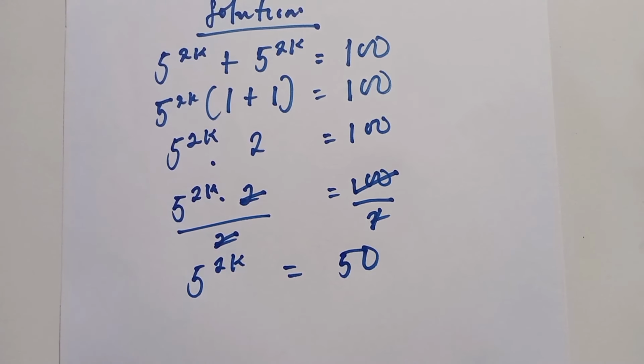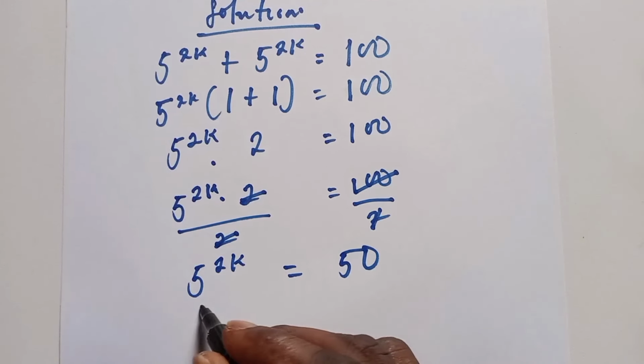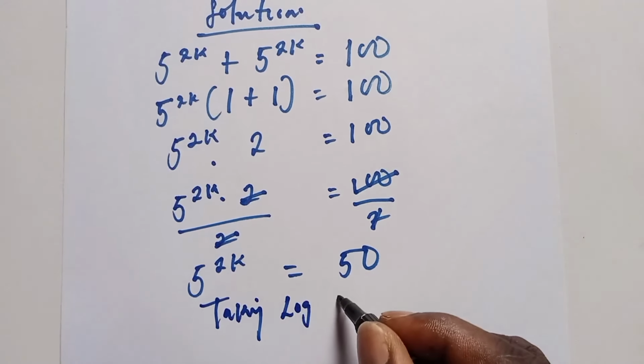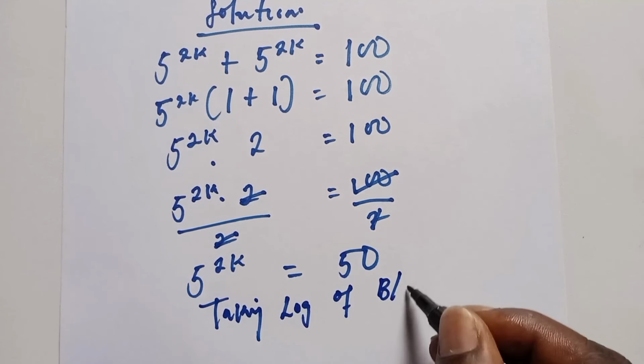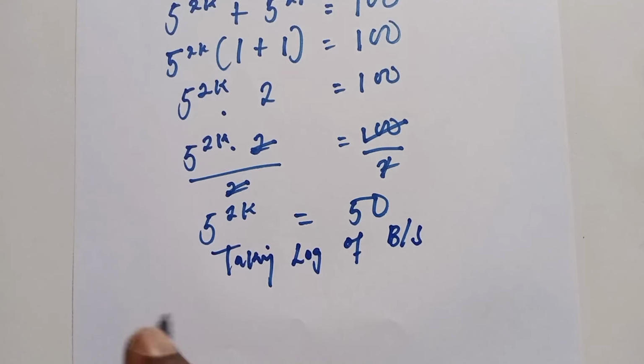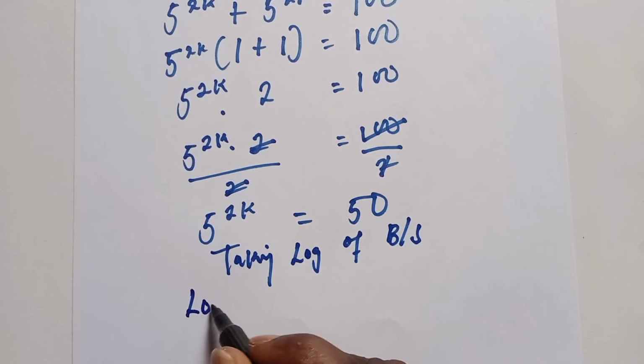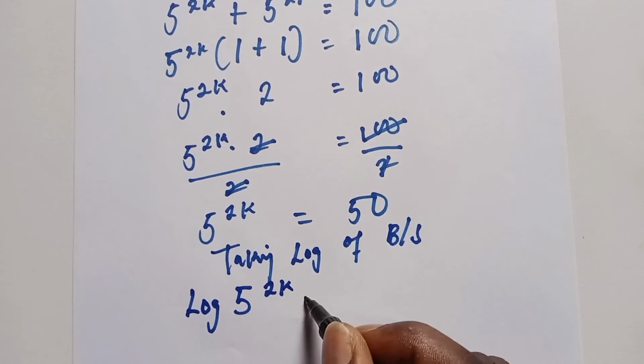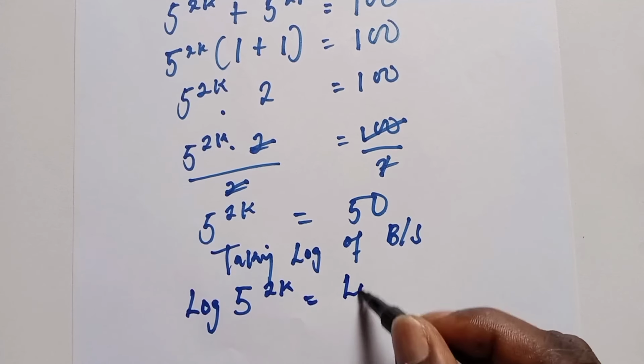Now if you apply the logarithm rule here by taking log of both sides, we have log of 5 raised to power 2k is equal to log 50.